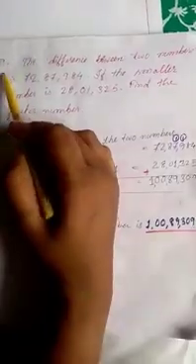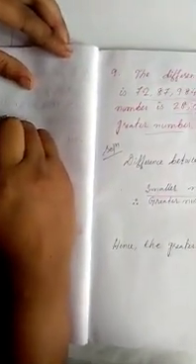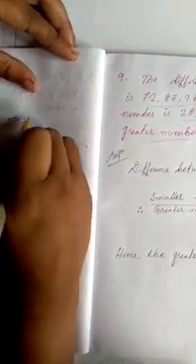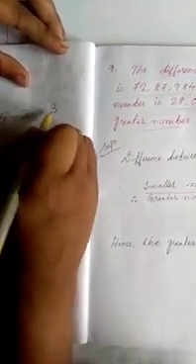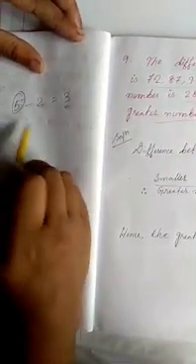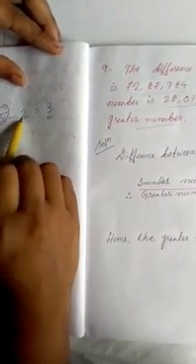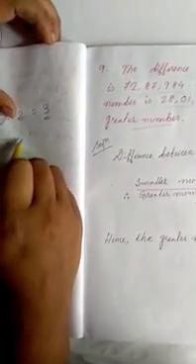Alright students, number 9. You see, the difference between two numbers is given here. If the smaller number is this much, find the greater number. I have already told you that 5 minus 2, you will get 3. That means the difference between the two numbers is 3 and the smaller number is 2.